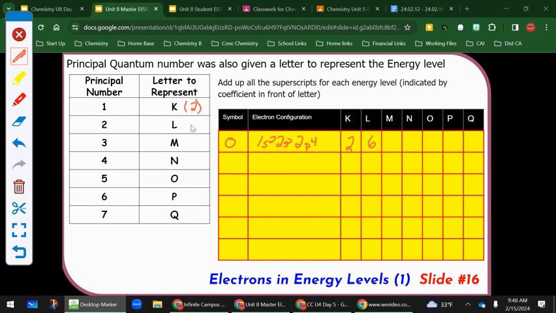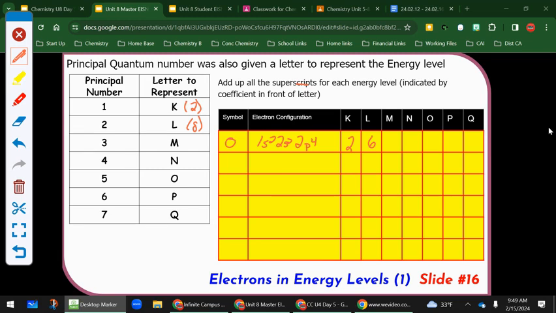8. Okay, how many maximum in the third level? Quit just guessing and think about the model that we just said. What are the sublevels in the third energy level?